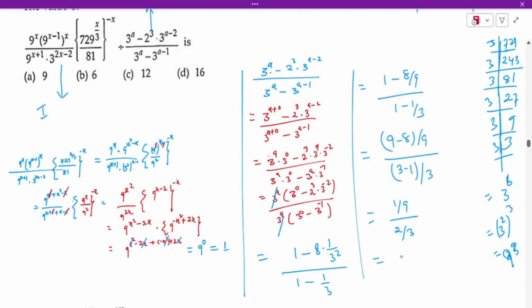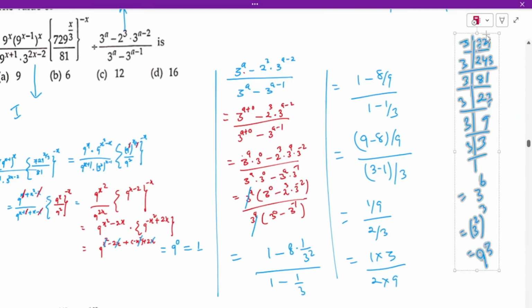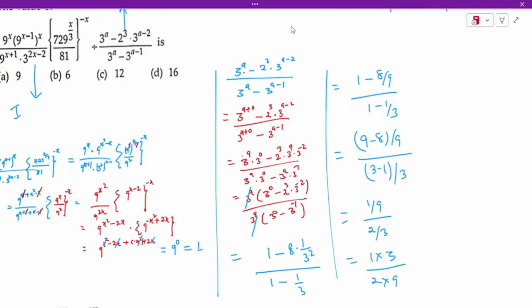So upon this simplification, we'll get 1 into 3 divided by 2 into 9. As we know, if we have a fraction whose numerator as well as denominator are both fractions, let's say a by b in the numerator and c by d in the denominator, we can write this as a into d by b into c.